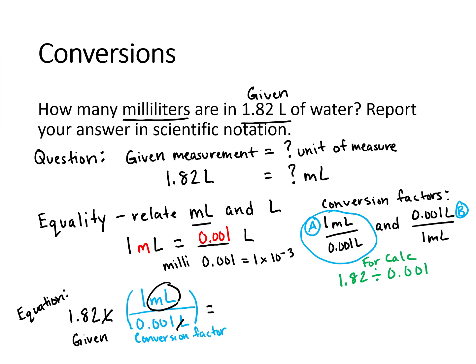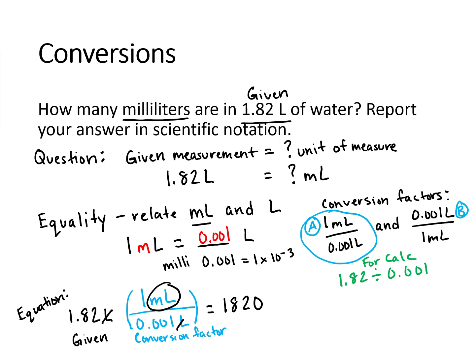When you have a number on the top, the numerator, you're multiplying. When you have a number in the bottom, the denominator, you're dividing. I just want to point that out.